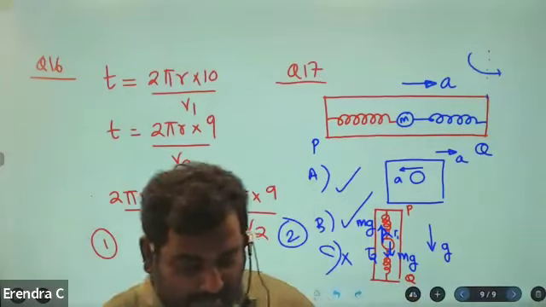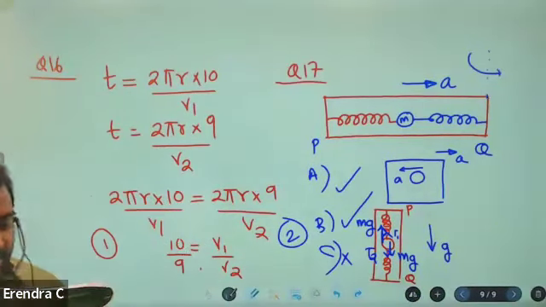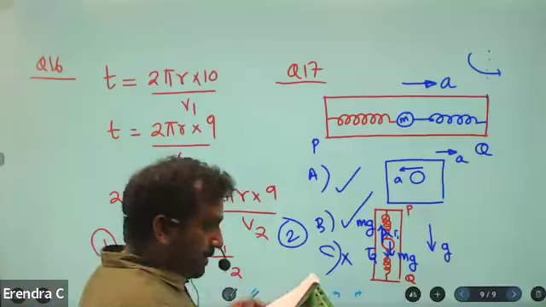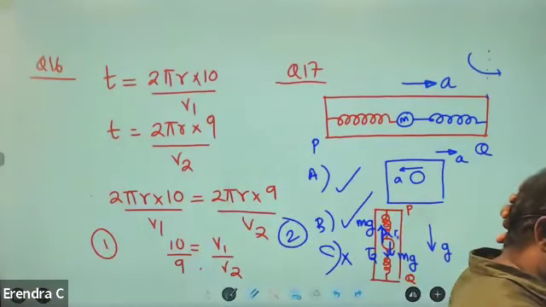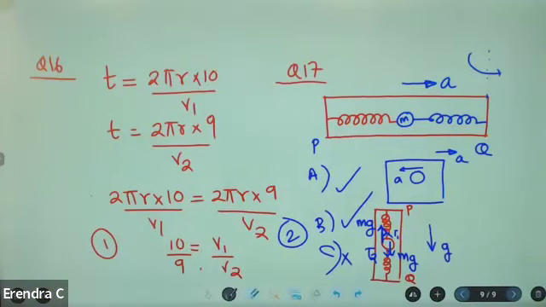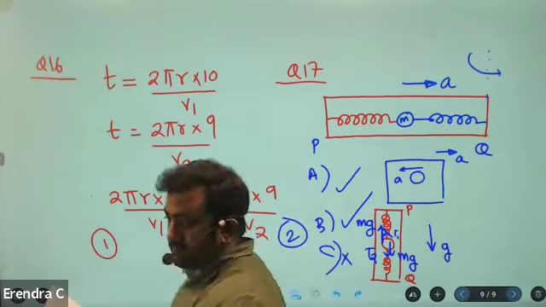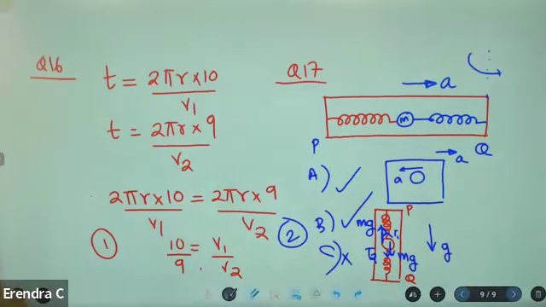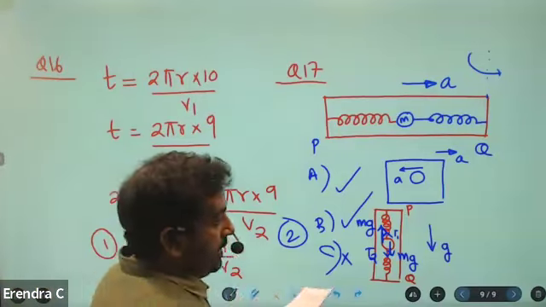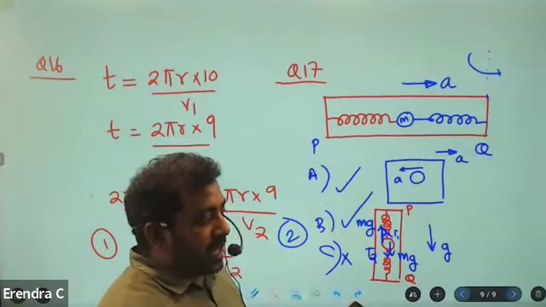When falling vertically downwards under gravity, there will be a pseudo force acting upwards equal to mg.